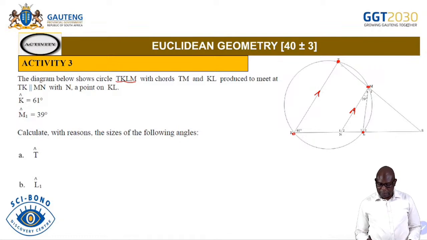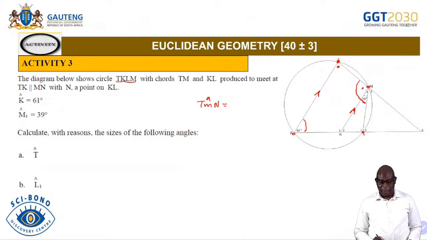So angle T here, so I'm looking for this angle here. So first of all, for me to get angle T, I need to get this angle here, which is TMN. So if I get TMN, then I'm fine. I can get that angle. But I can see that this whole angle here plus this angle will give me 180 degrees.